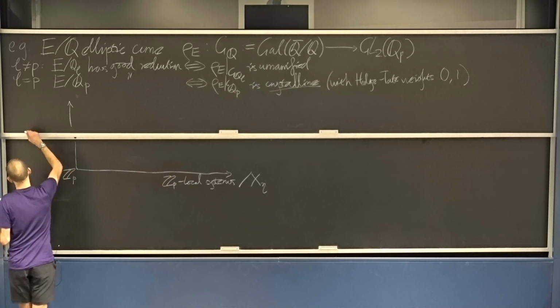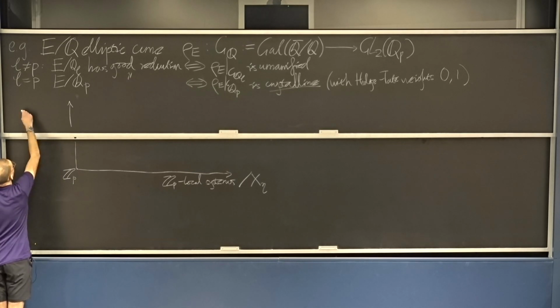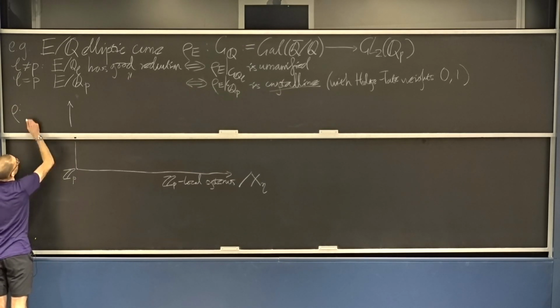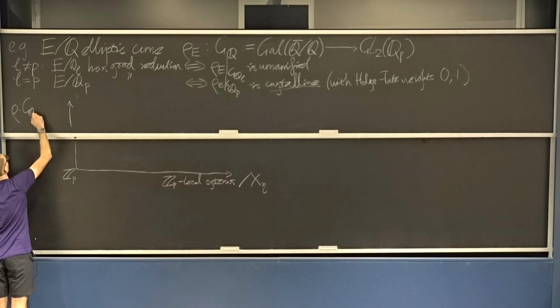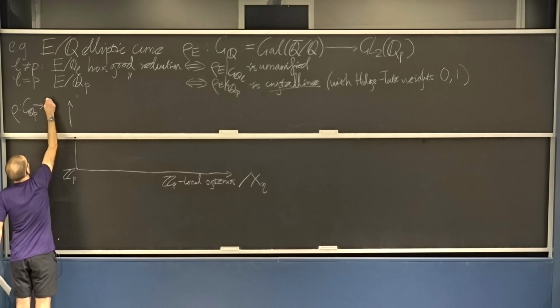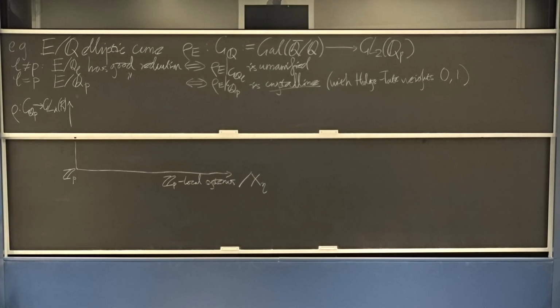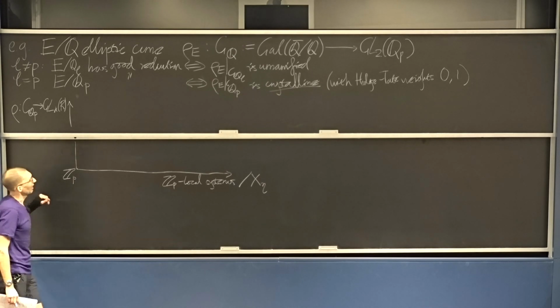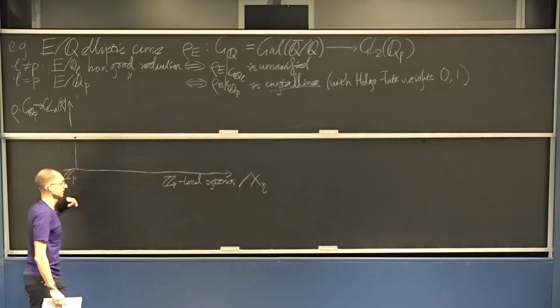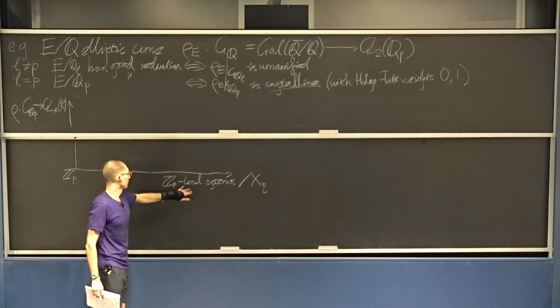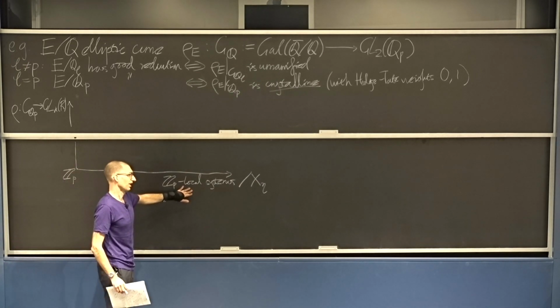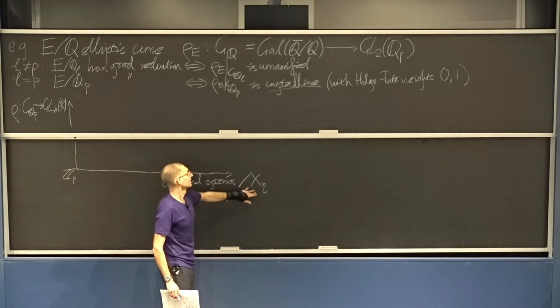And up here, I want to write some kind of Galois representation, and maybe it's going to go to some ring R. So this diagram is encoding two notions of families of p-adic Galois representations. This notion is the one where the base is getting bigger.